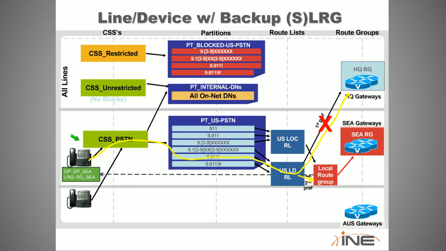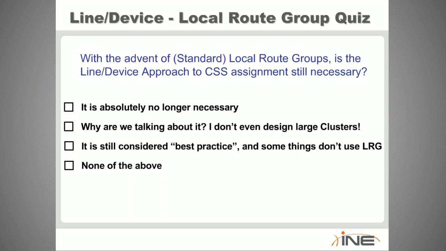We had 1 CSS for allow long distance, 1 for allow international, 1 for allow local, 1 for allow restricted, internal and emergency, and then not do anything on the line. Well, for this simple illustration that we have here, and believe it or not, this is very simple compared to some of the things we can talk about and get into, technically, we don't need it.